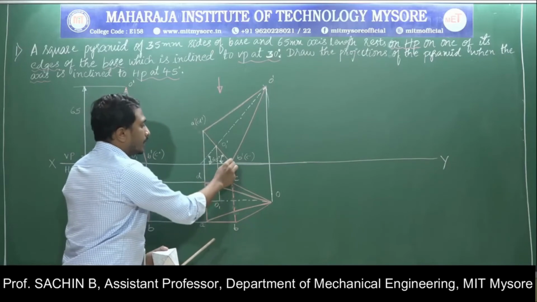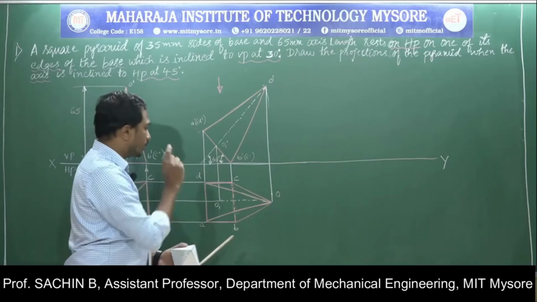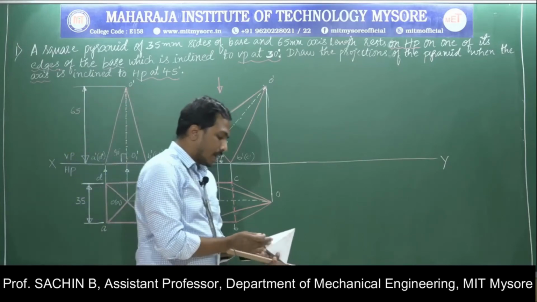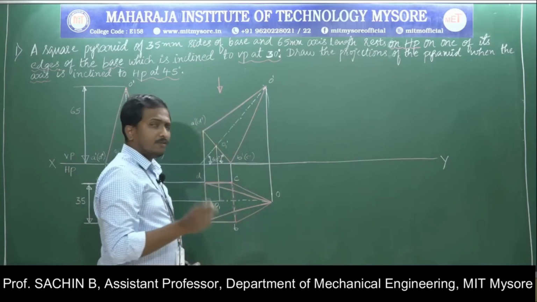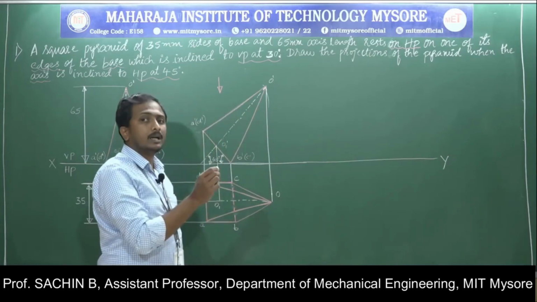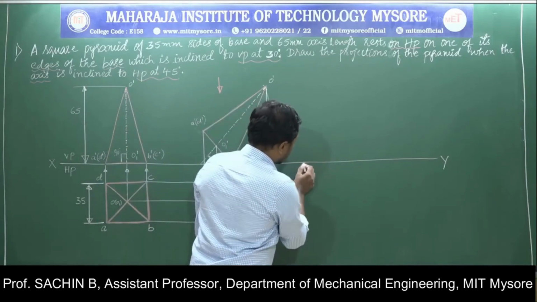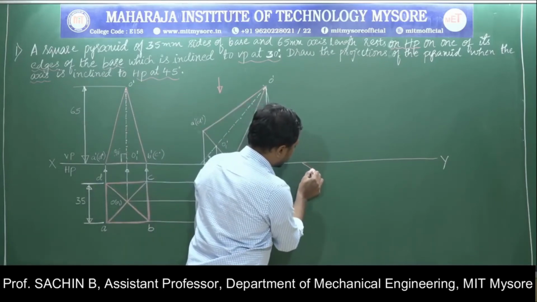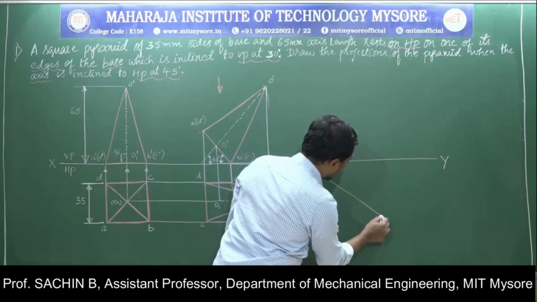Because of that, B dash and C dash is the resting edge for me. Next I'll go for constructing the last position. While constructing the last position, first I'll draw the inclined line at an angle of 30 degree.